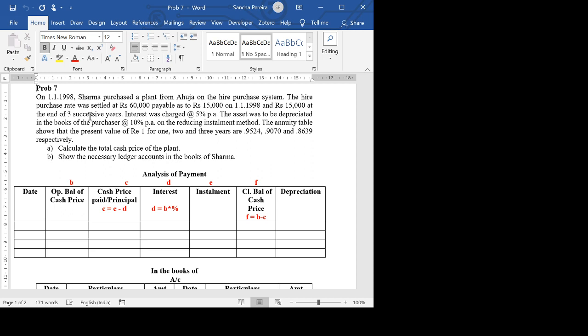And that 15,000 will already include your interest. If they had said and rupees 15,000 plus interest, that time your 15,000 would have come here. You would have had to calculate the interest and your installment would have been 15,000 plus interest. Now they have not said that, they have clearly said 15,000 straight at the end of 3 successive years.